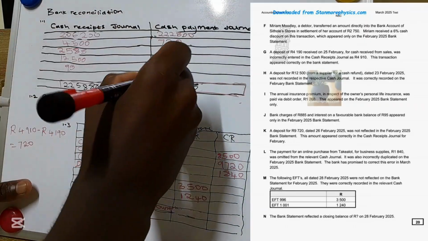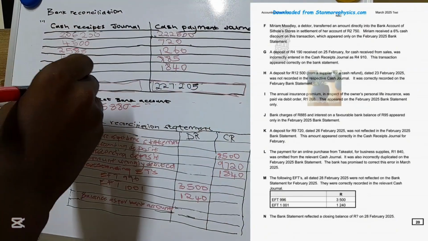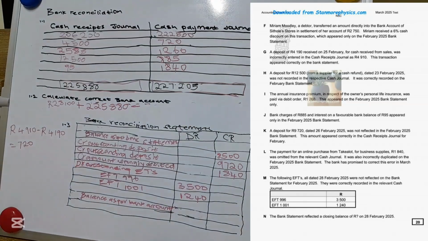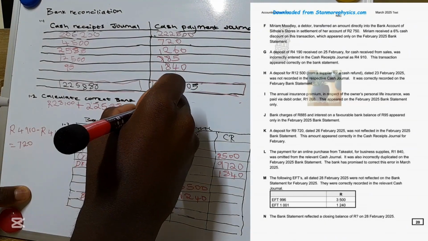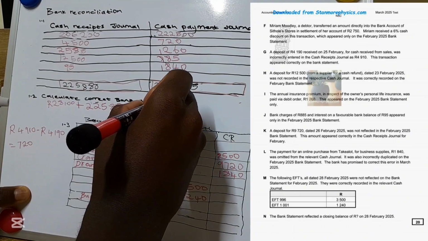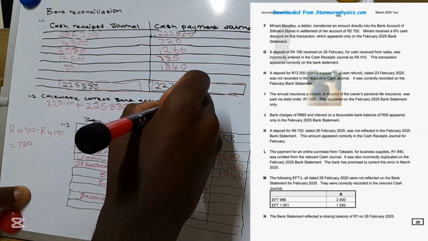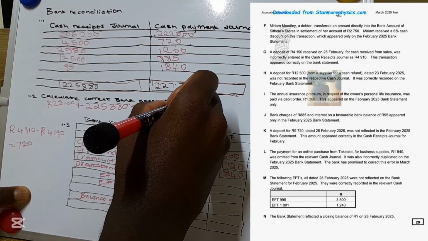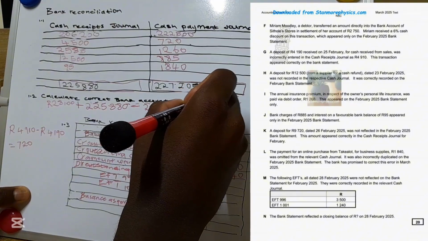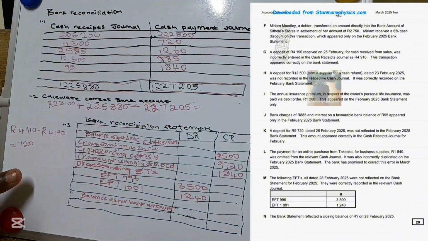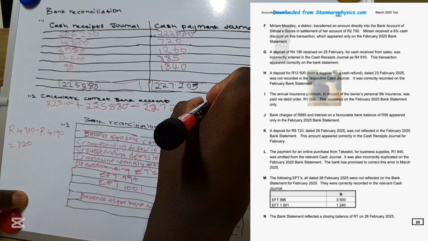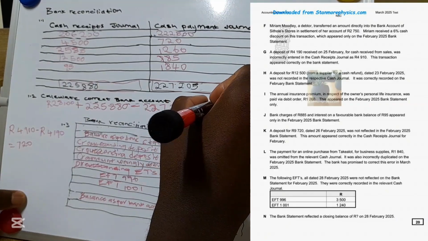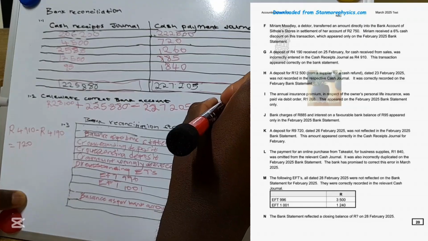Since here we are paying, we add the cash receipt journal, then we minus the cash payment, which is 227,205, which is going to give us 26,775.